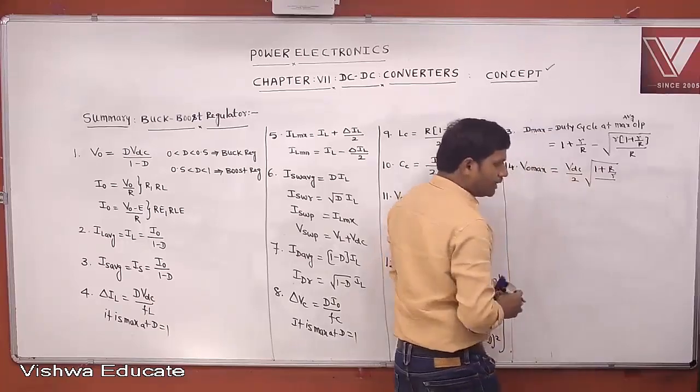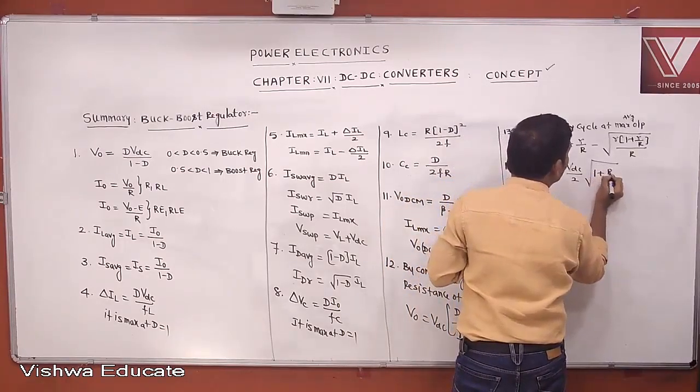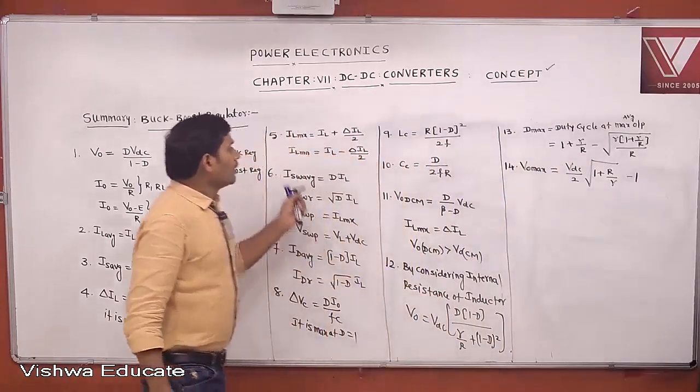Yes, you write 1 over (square root of capital R by small r, minus 1). Quickly note this down.